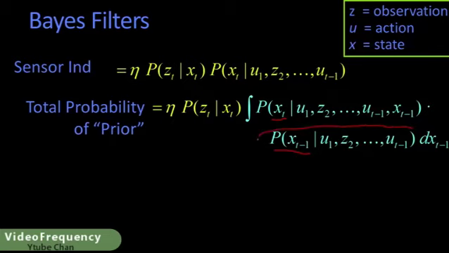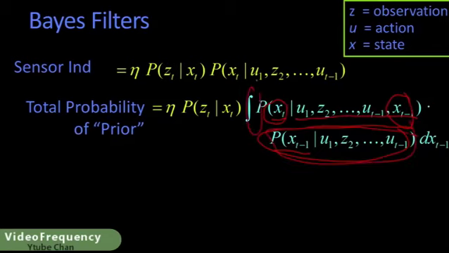We sum up over all those possibilities the probability of going to xt from xt minus 1, times the probability of xt minus 1. That will be the prediction. That will be the prior.